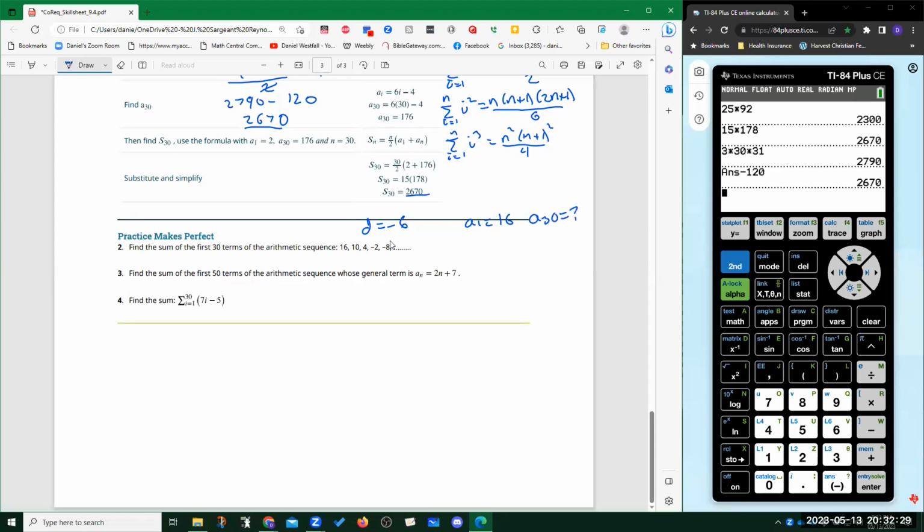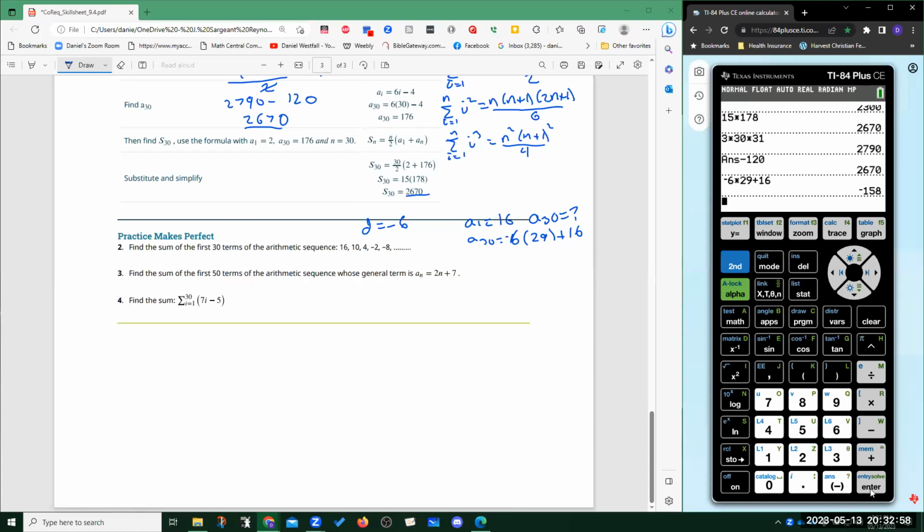To do that, I'm going to have to say that A30 is going to be equal to common difference of -6 times n minus 1 plus my 16. So -6 times 29 plus 16. It's going to give me -158.